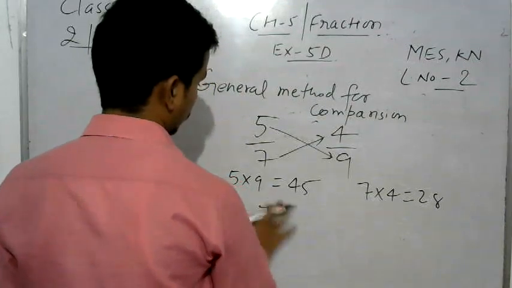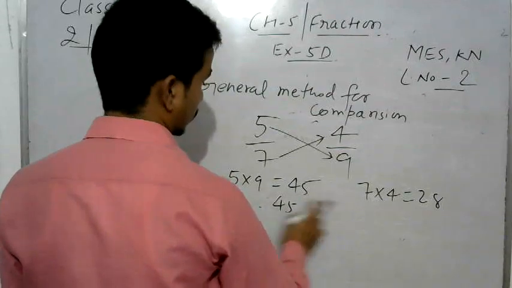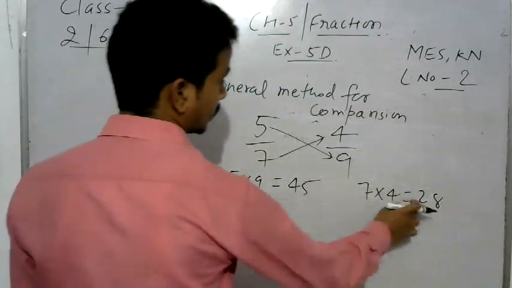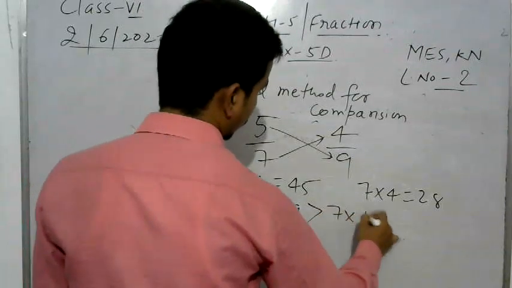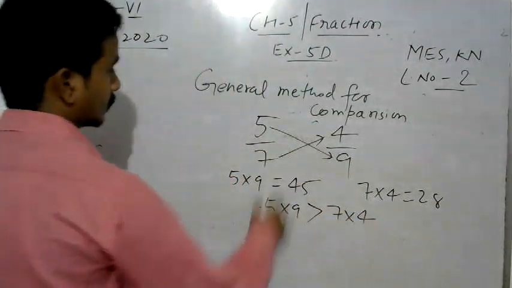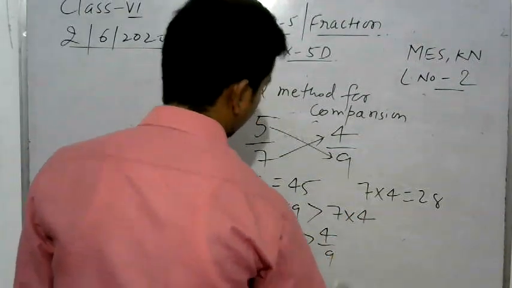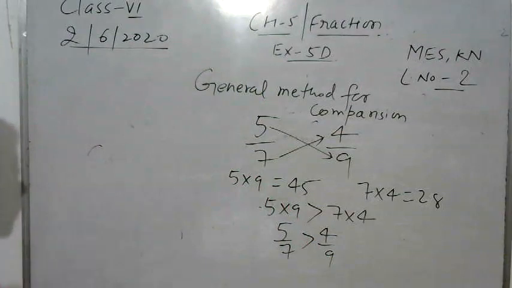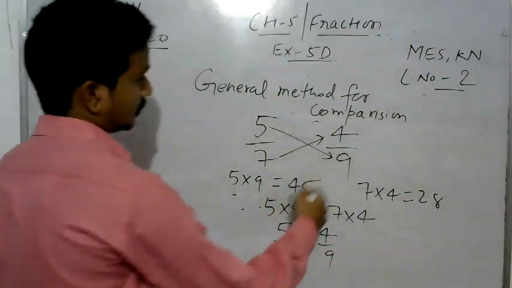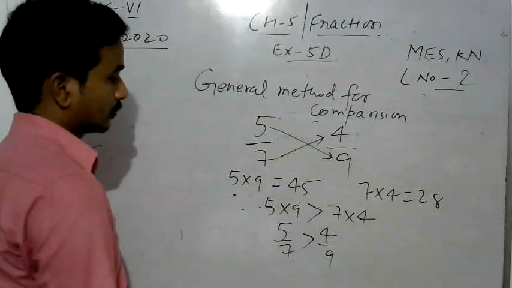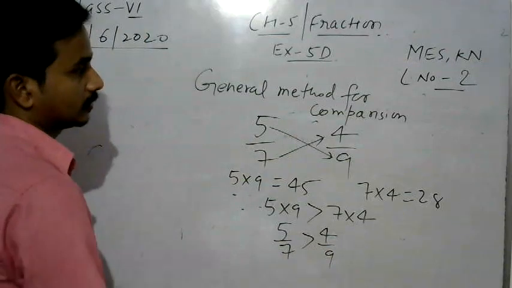So here we see that 45 is greater than 28. So 5 into 9, AD, is greater than 7 into 4, BC. Therefore 5 by 7 will be greater than 4 by 9. In this way you will compare it.